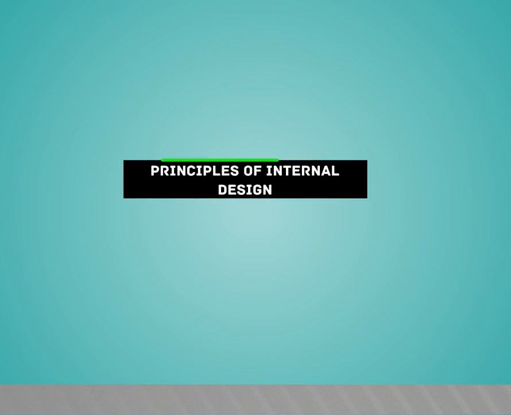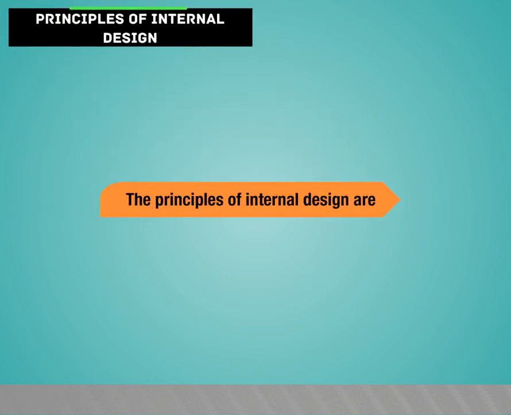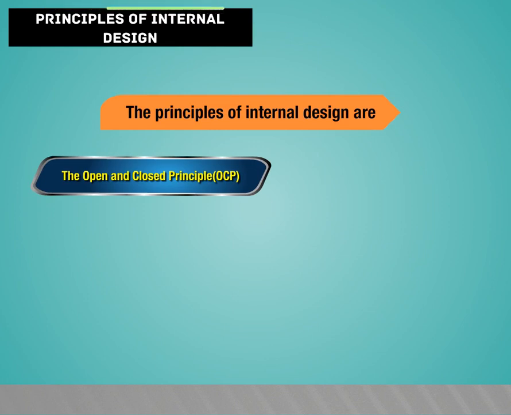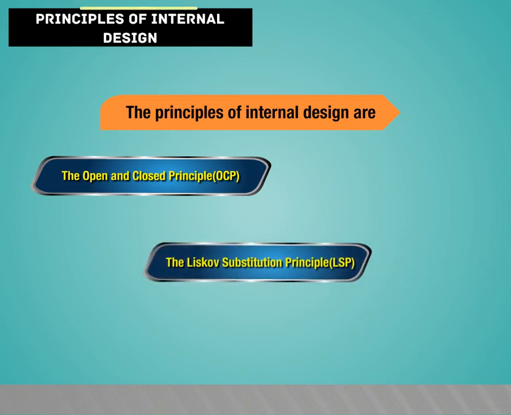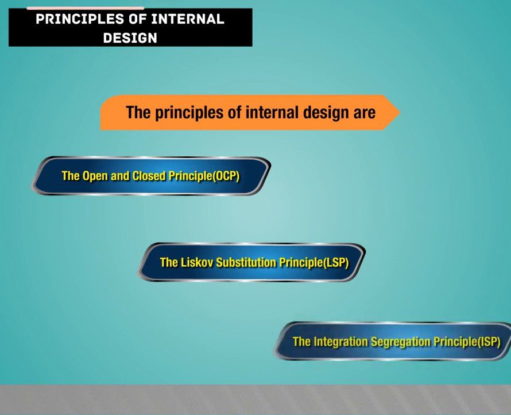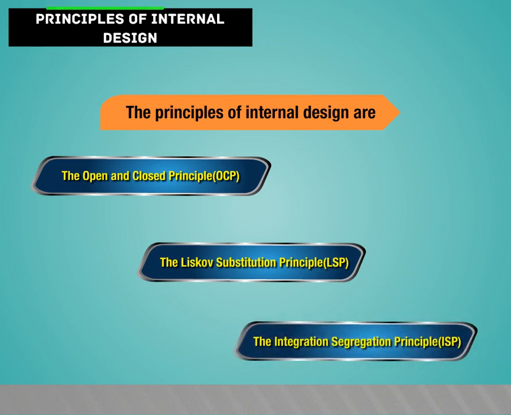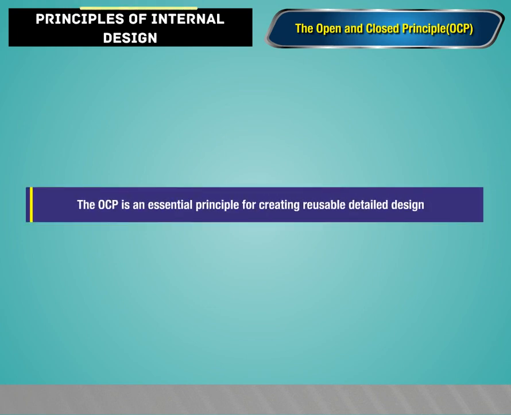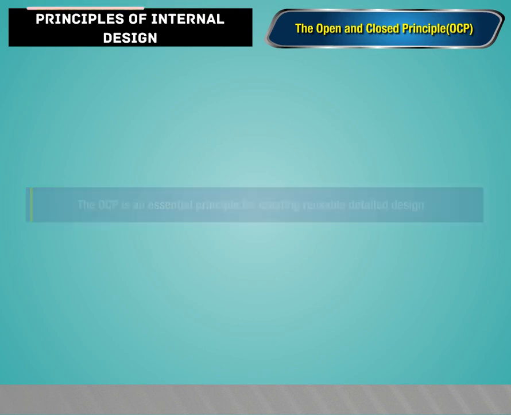Principles of internal design. The principles of internal design are the open-closed principle, that is OCP, the Liskov substitution principle, that is LSP, and the interface segregation principle, that is ISP. Open-closed principle, that is OCP. The OCP is an essential principle for creating reusable detailed design.